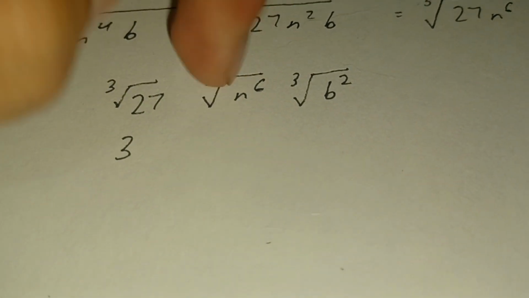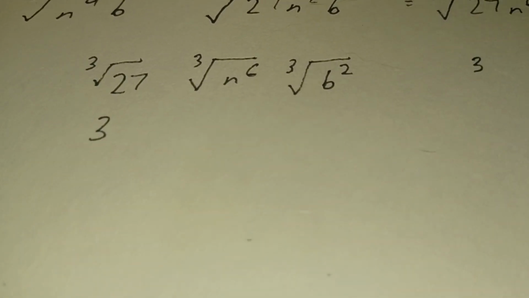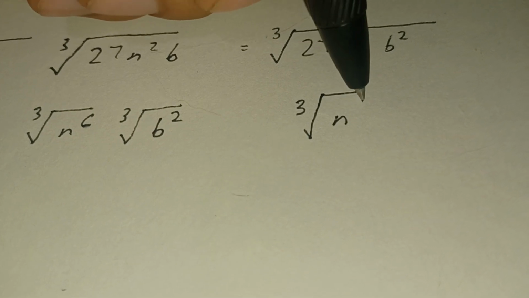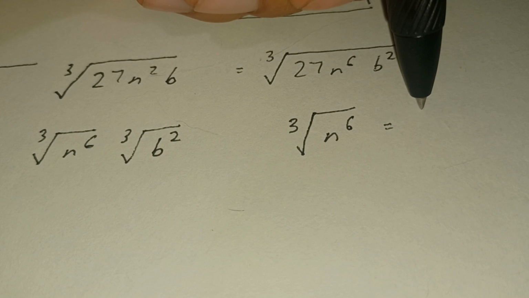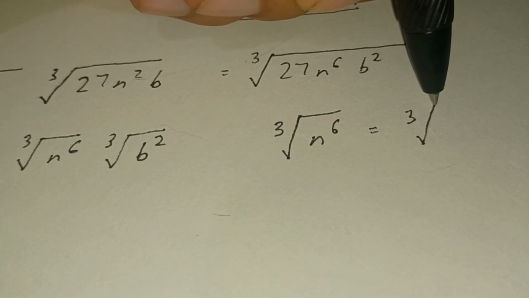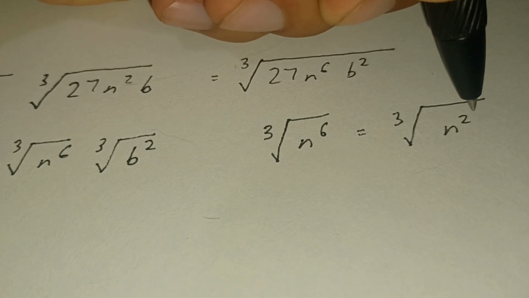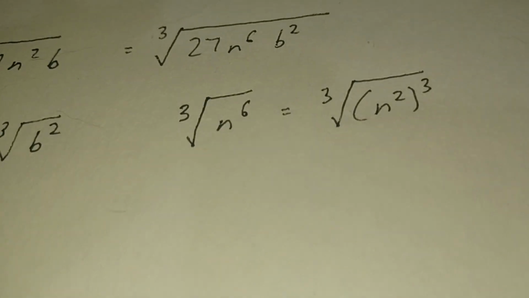Let's go ahead and rewrite this one. So the cube root of n to the 6th power is going to be equal to the cube root of n to the 2nd power, parentheses, raised to the 3rd power.